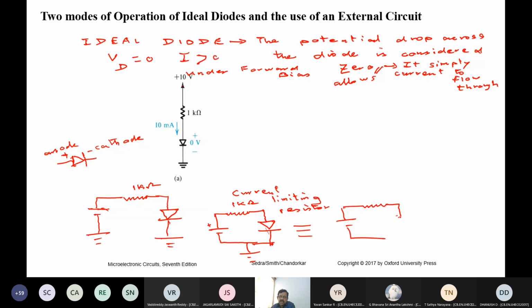Because the diode is practically shorted, it is simply under forward bias. So there is no voltage drop here. All of this voltage will appear across the resistor, which means it will be 10 volt by 1 kilo ohm. So you will get 10 milliampere. Right, and there is no voltage drop. That's what is symbolized. To explain this to you, I have drawn this.